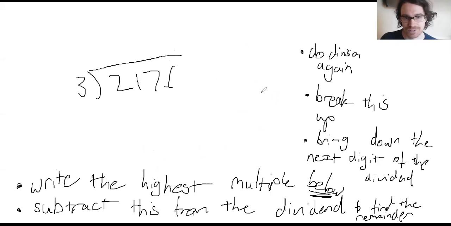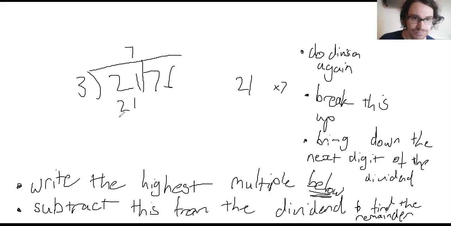So, first thing we're going to do is break it up. So we're not going to divide into 2,176. Let's divide into 21. Highest multiple is 21, exactly, which is 3 times 7. 3 times 7 is 21. What's our remainder? 0. So we're going to bring down the next digit.